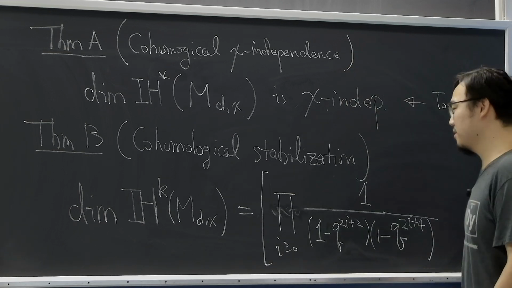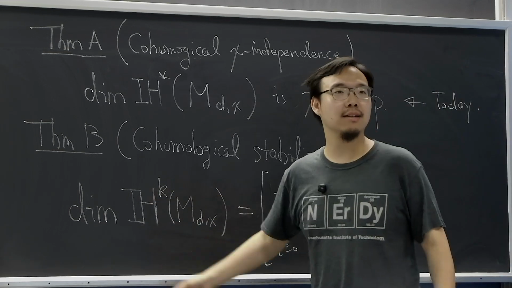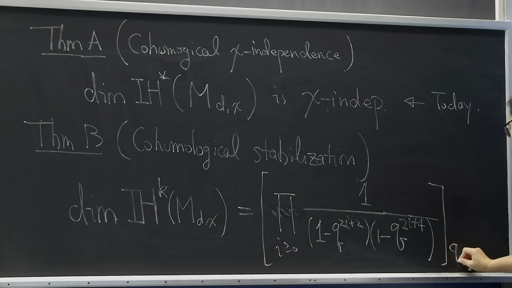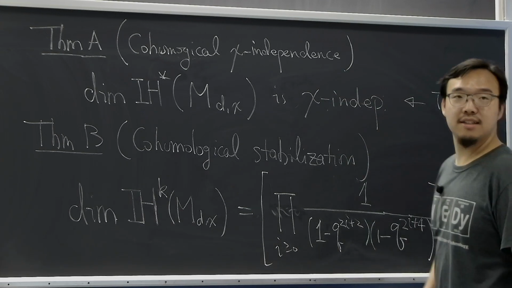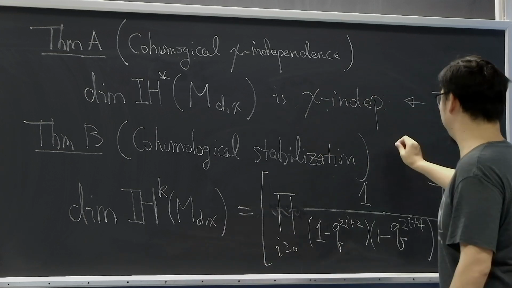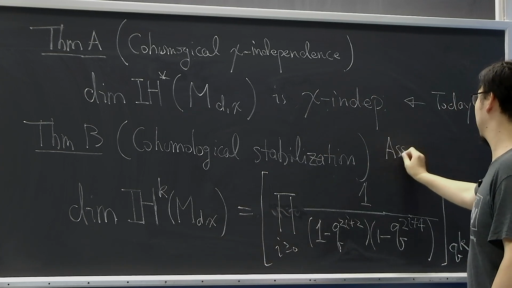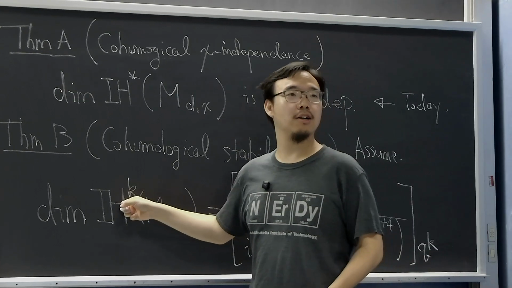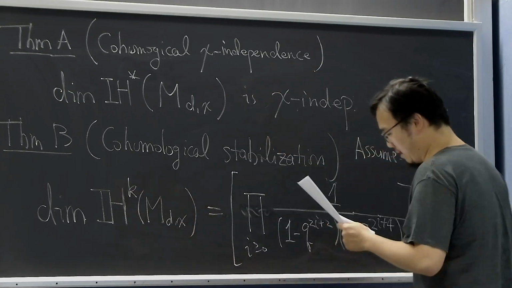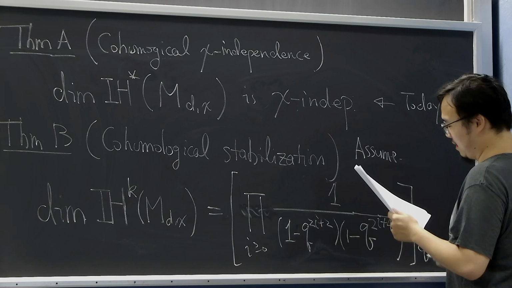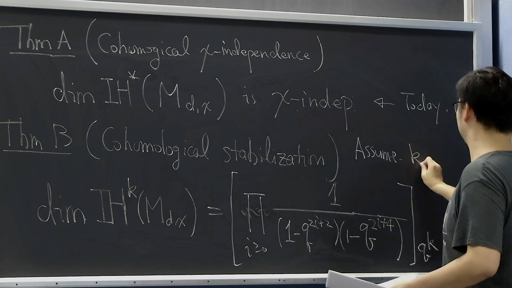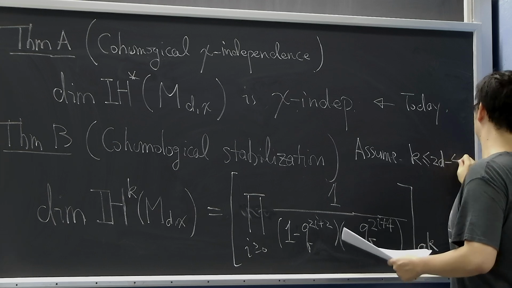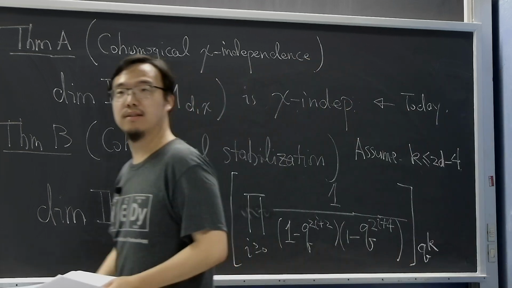If you want the kth cohomology, you take the q^k coefficient of it. This is true if k is not too large compared to d, namely k is smaller than or equal to 2d minus 4. So there is a linear bound in d.